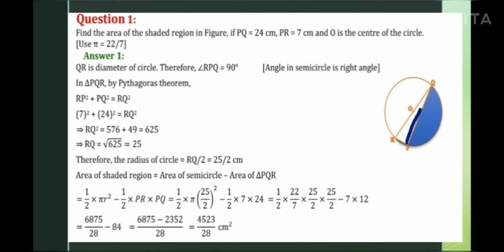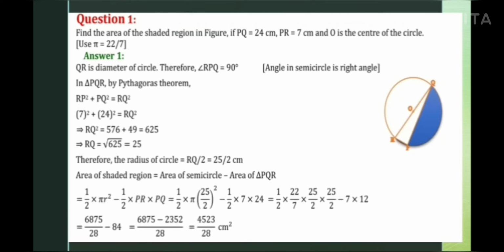Because angle ROQ is equal to 180 degree, as it is the diameter of the circle, and from class 9 you have learned that the angle in a semicircle is a right angle, meaning this angle will be half of the one created with the center.